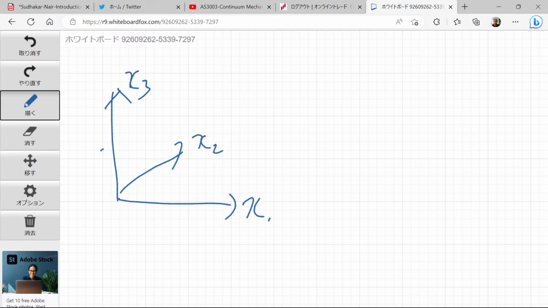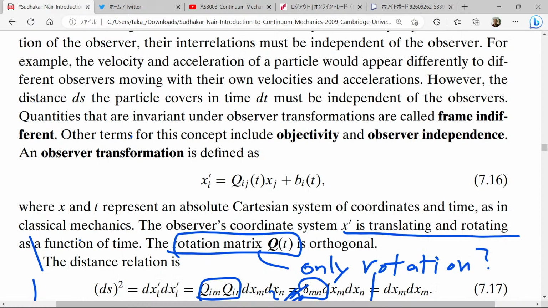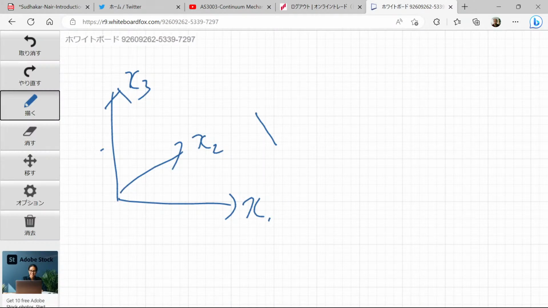Then you actually have another observer coordinate. So which one is the observer coordinate? That's a question. Maybe x prime is the observer's coordinate. So we have the observer's coordinate, something like this.